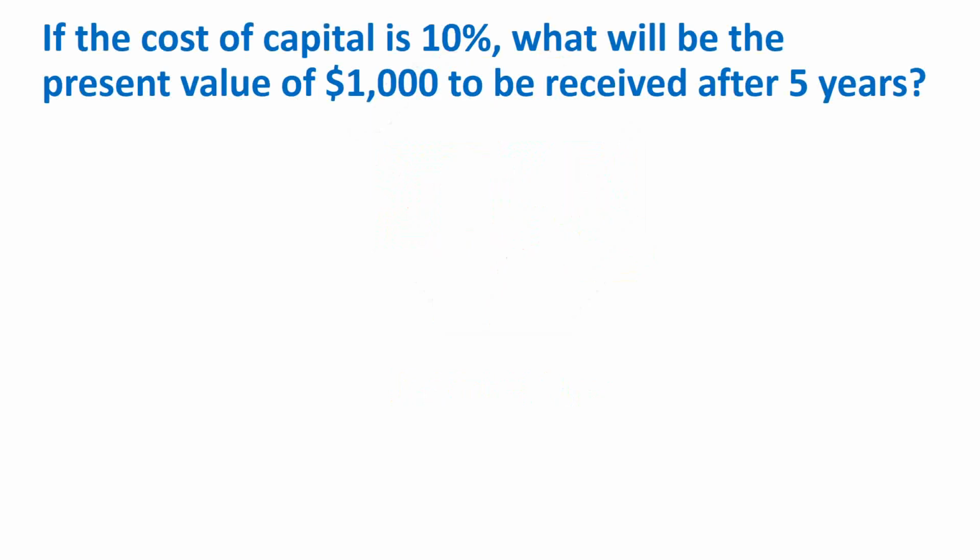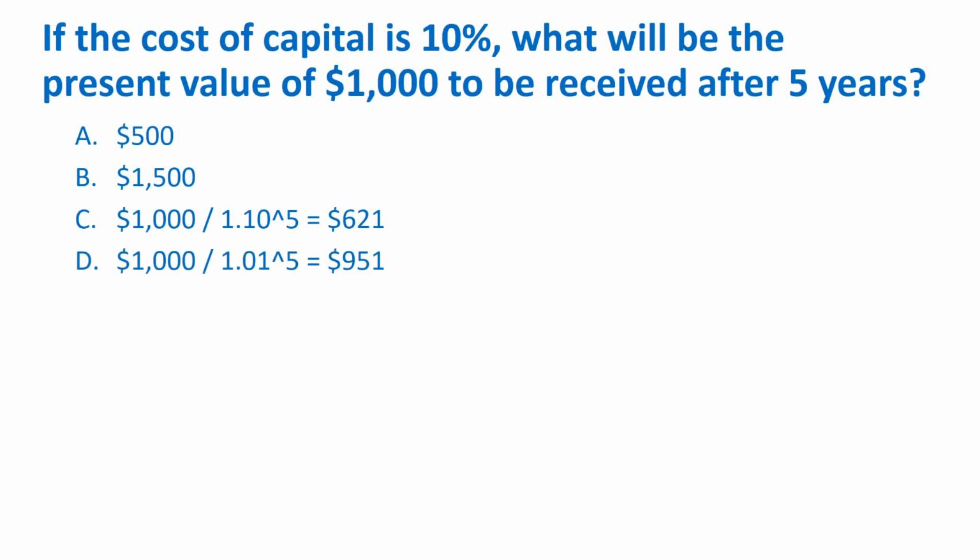Stop and think. If the cost of capital is 10%, what will be the present value of $1,000 to be received after 5 years? So if you surrender that $1,000 after 5 years, a bank that wants to earn 10% interest on you, how much will they be willing to give you? So you've got to discount that $1,000. Is it 1,000 divided by 1.1 to the power 5, or 1.01 to the power 5?